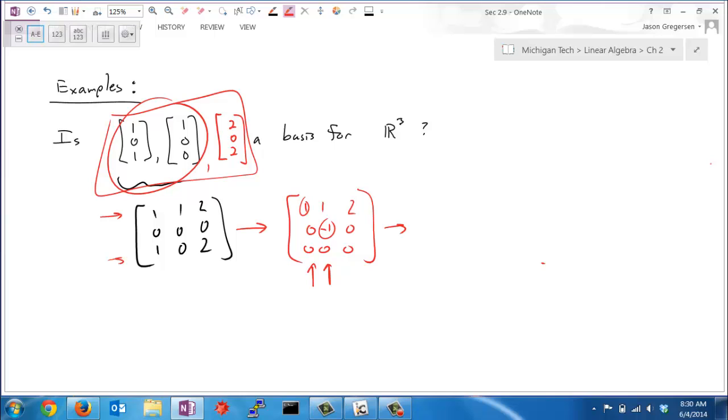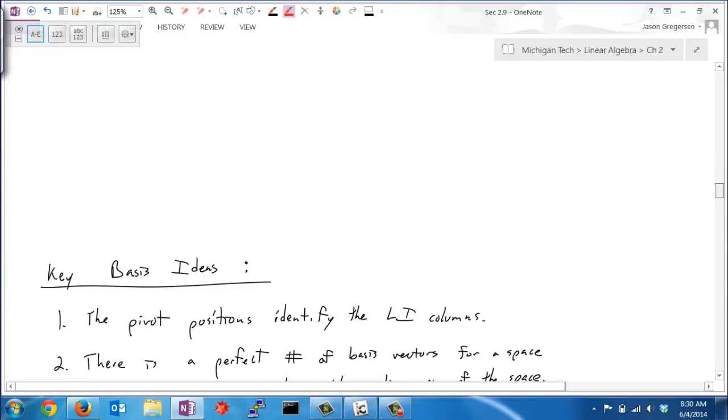We could have 4, 5, 6, or 7 to span R3, but we need at least 3. We can't have less than 3. At the same time, if we have 4, 5, 6, or 7, some of those have to be redundant. So in R3, it takes exactly 3 vectors to span and be linearly independent.